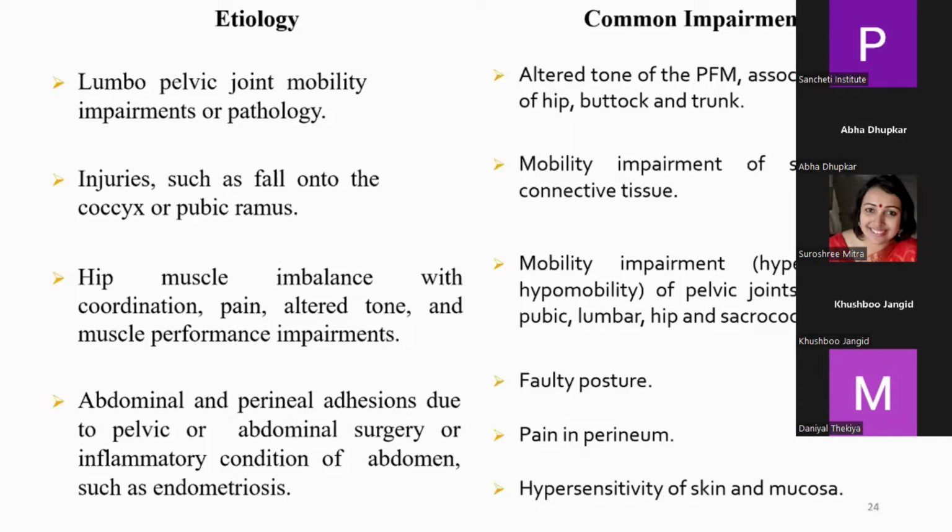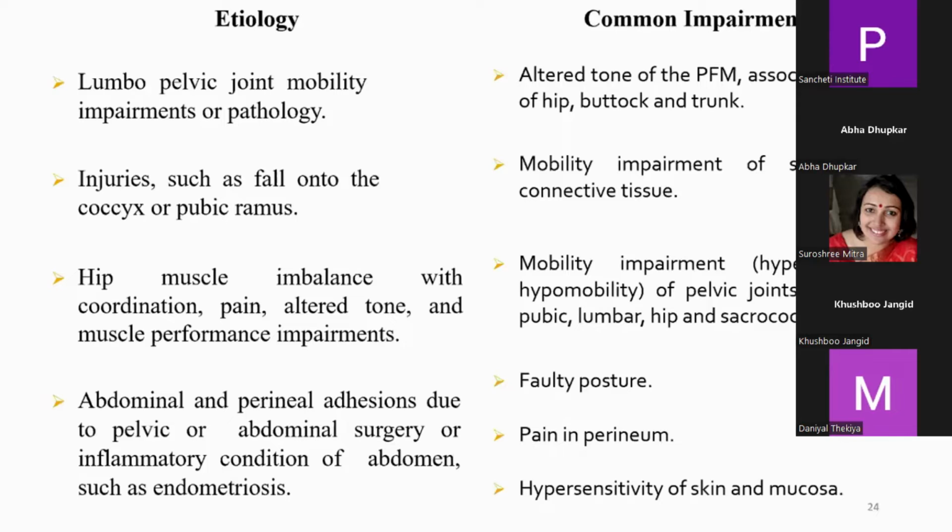This is one of the very important reasons for this hypertonic dysfunction. And last is abdominal and perineal adhesions due to any pelvic or abdominal surgery or inflammatory condition of the abdomen. So if you see any of these causes, then you can definitely say that the person will have a hypertonic dysfunction.